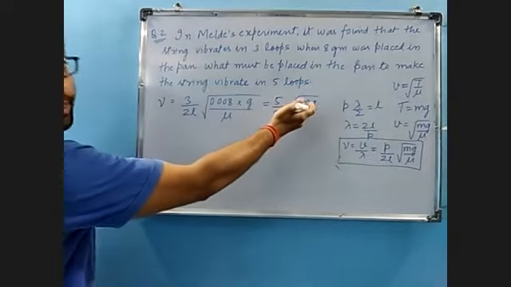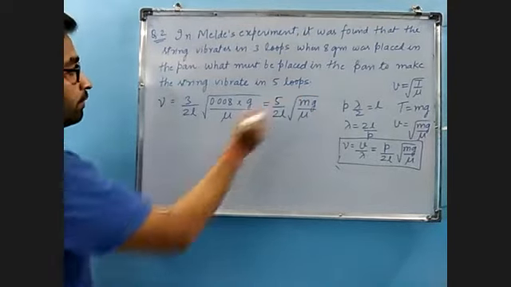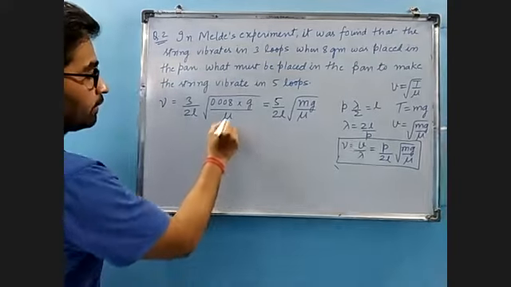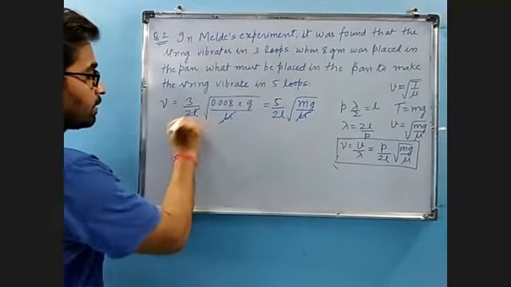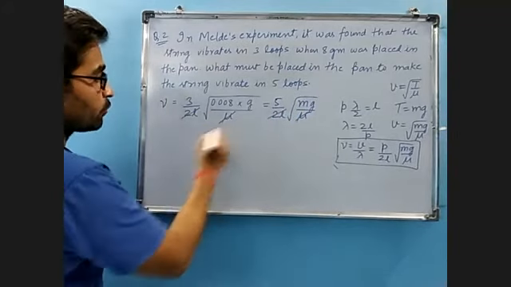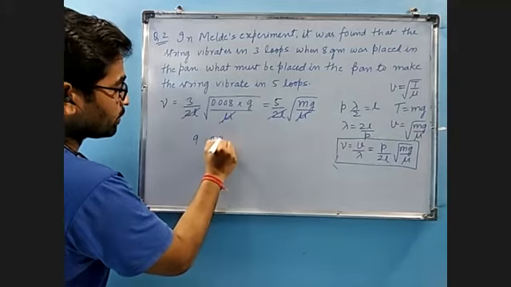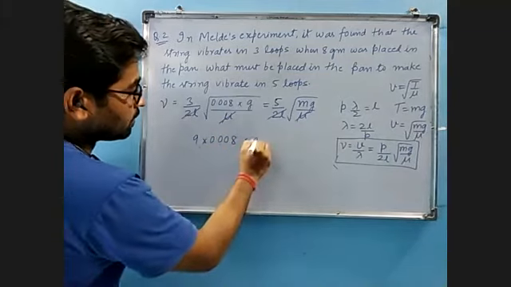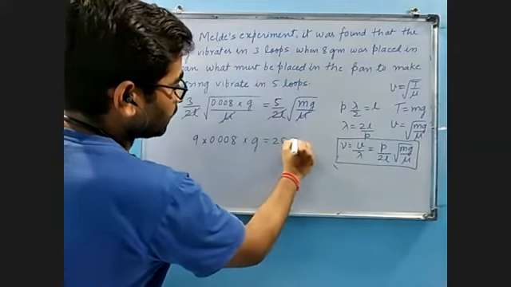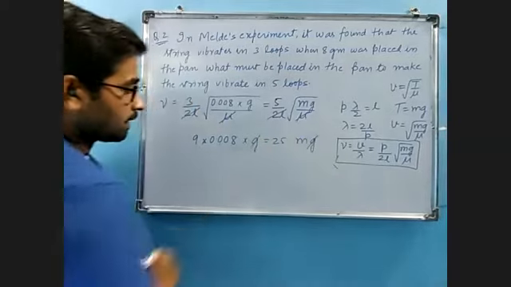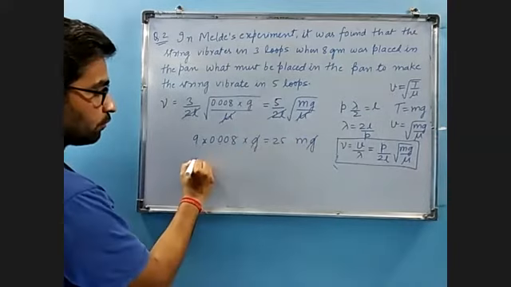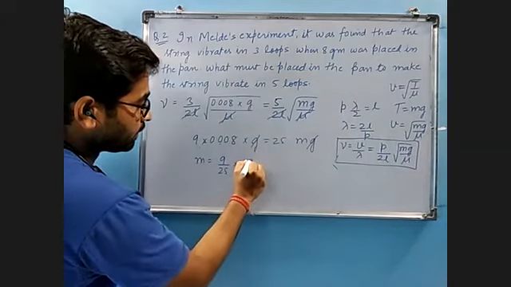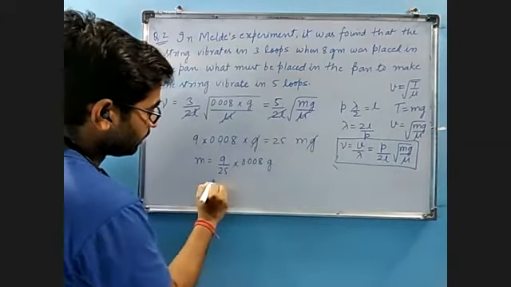So we solve this equation to get the value of m. The mu will get cancelled, 2L will get cancelled, and when you square it, that becomes 9 times 0.008 into g, equal to 25 times mg. The g gets cancelled, and now the mass is equal to 9 upon 25 into 0.008 gram.